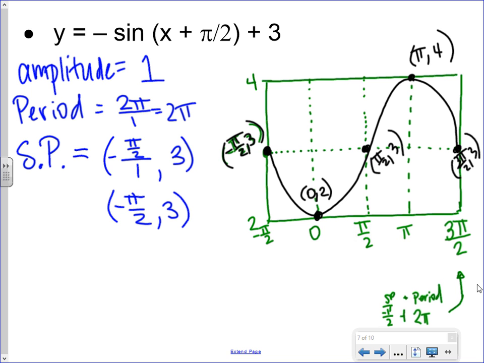And then since we have our frame labeled, we can figure out what those 5 coordinates are.